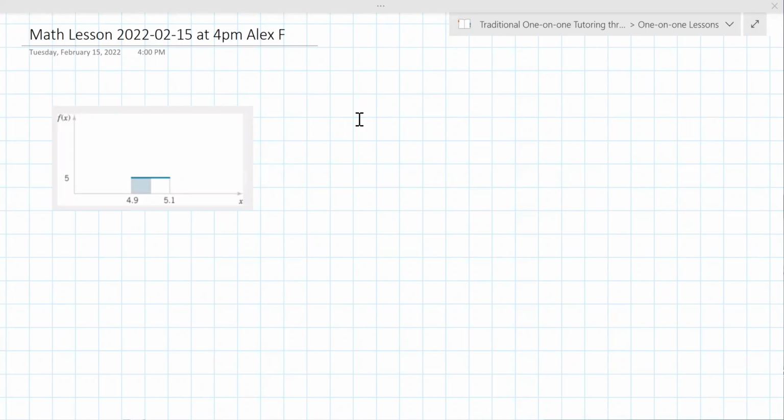Because this is considered a uniform PDF, f of x is equal to 1 over b minus a, and there's a and there's b. Does that look familiar to you?